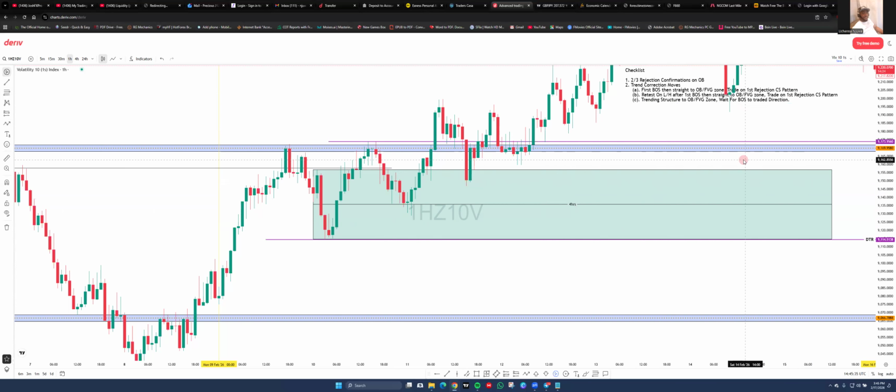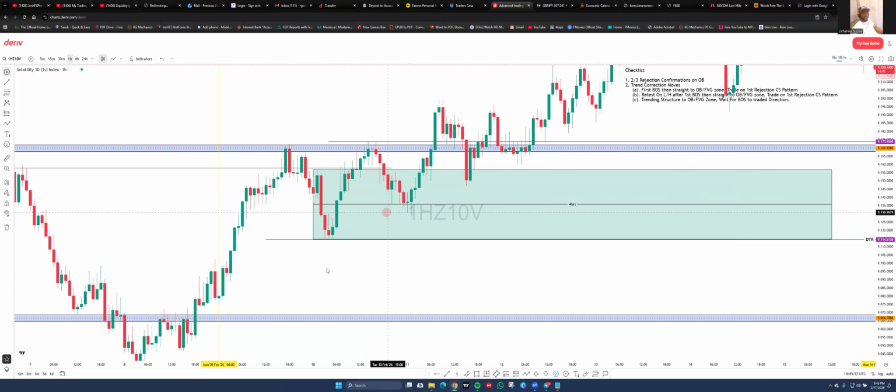So either you wait for a break of structure or you look at one of those signs that I told you, the 2 to 3 rejections or a candlestick rejection pattern, a sure one like a morning star or evening star that closes below or above the full structure of the candlestick.